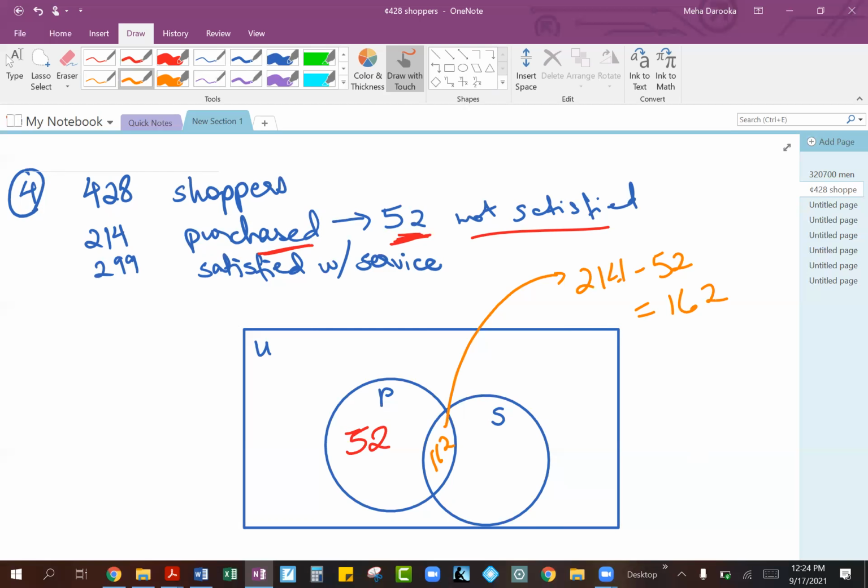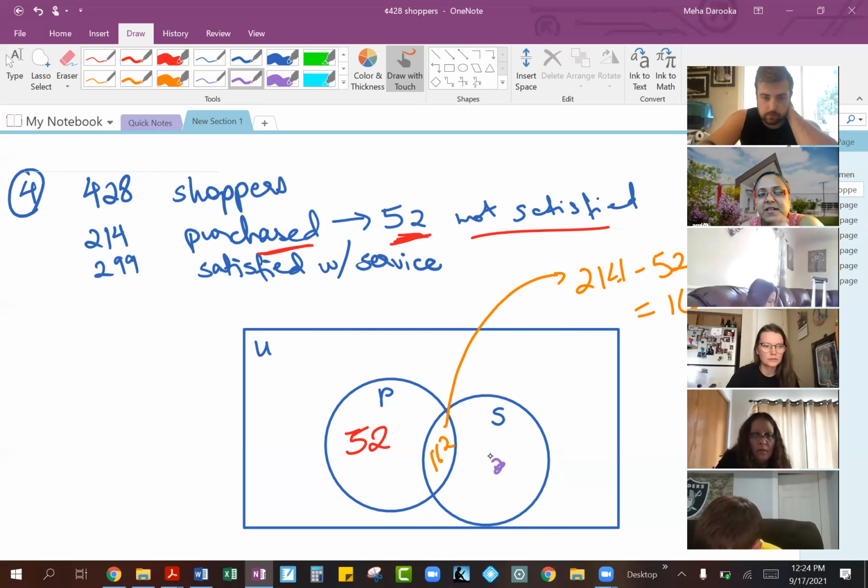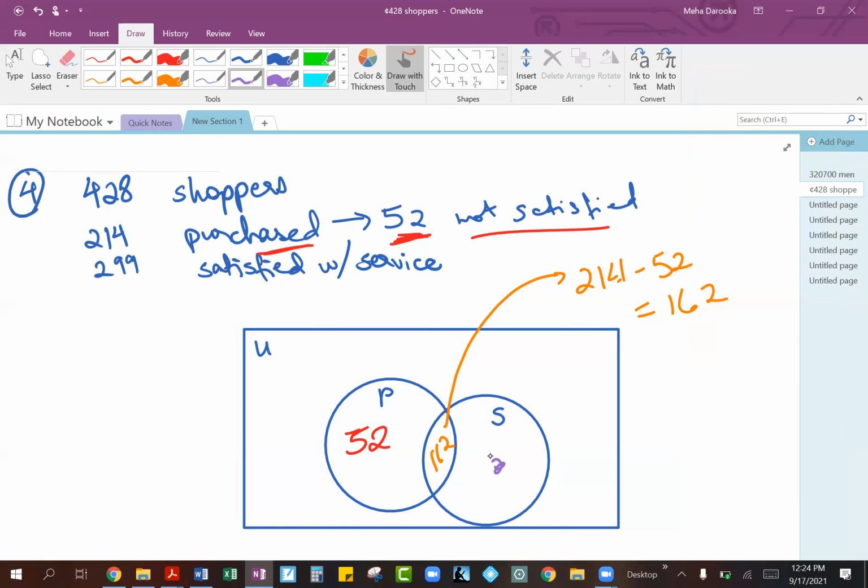So can somebody tell me then what number we should have for only the satisfied shoppers? Because they're telling you there were 299 who were satisfied with the service, right? Logan, go ahead. 299 minus 162. Very nice. So again, we need to subtract that overlapping area. So we know there's a total of 299 satisfied shoppers.